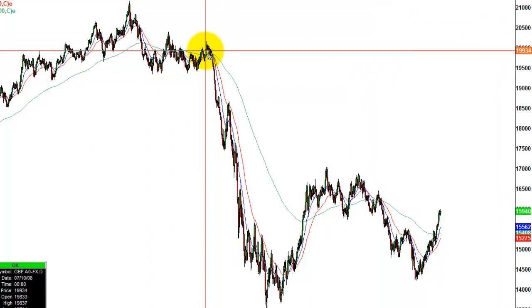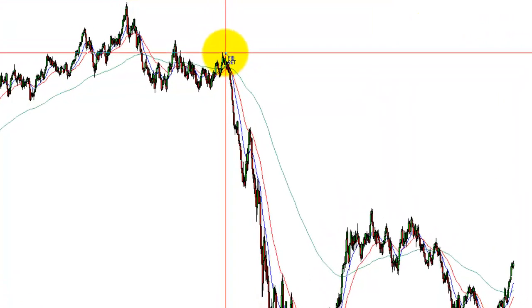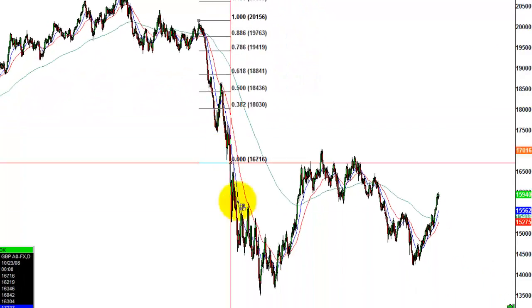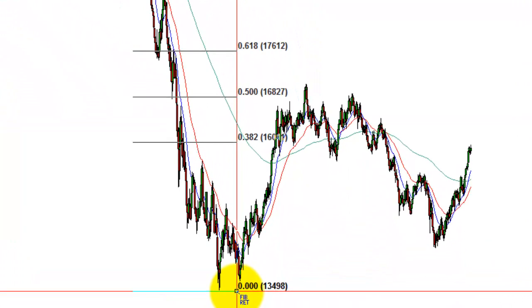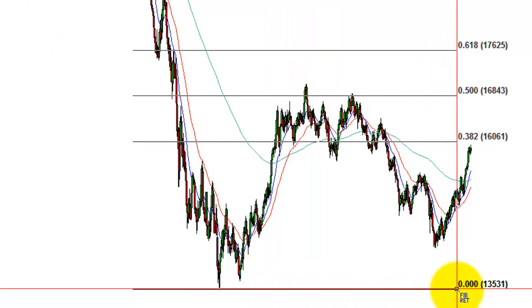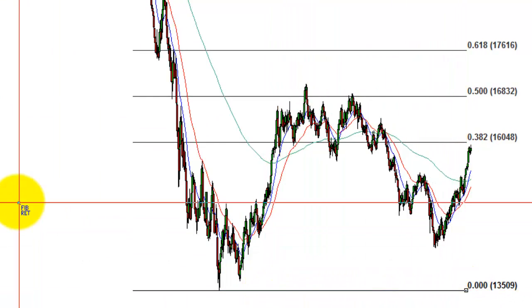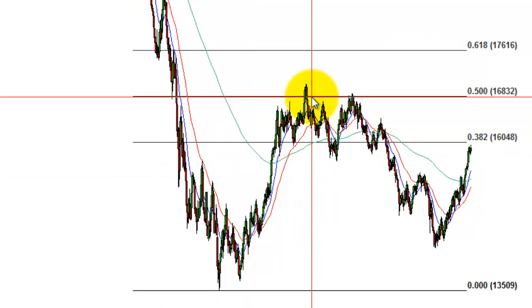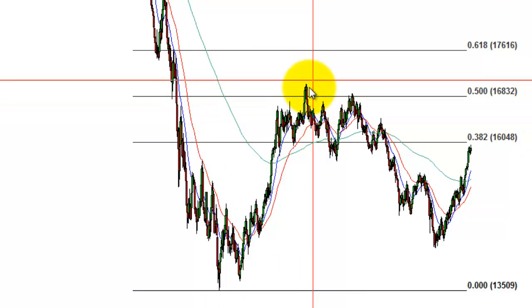We can take our Fibonacci retracements from the very start of the move downwards, when all hell broke loose, like so, the edge of the cliff, take it all the way to the very bottom, the low, and we can see quite clearly, having plotted our Fibonacci retracement tool, that apart from one instance, the 50% Fibonacci number has been very well played here.